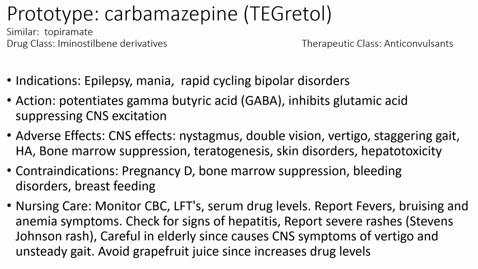So increasing levels of carbamazepine are going to lead to nystagmus, which is the abnormal movements of eyes. When you look at someone and they're toxic on carbamazepine, their eyes are shifting back and forth. That's nystagmus. Double vision, vertigo, which is another term for basically room spinning.